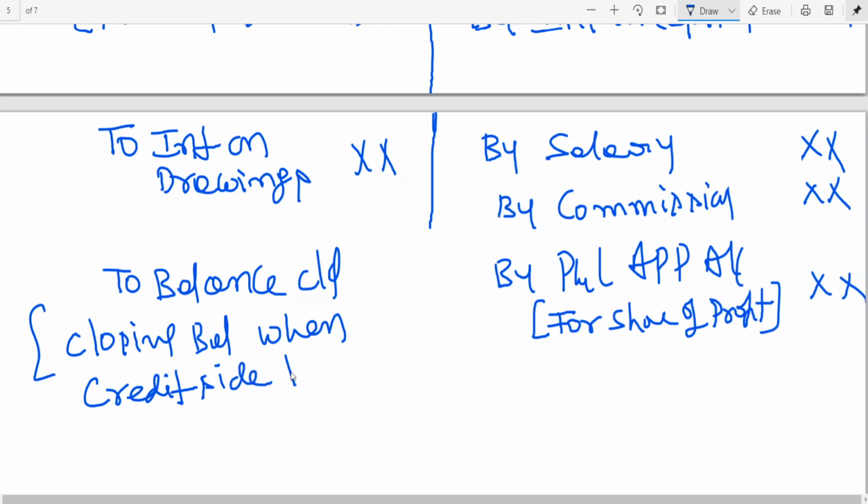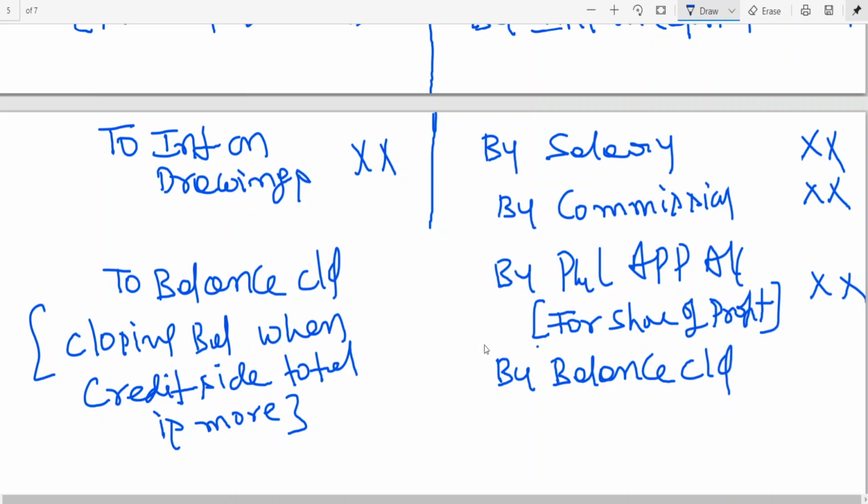When credit side total is more, otherwise you'll be writing by balance carry down, closing balance, when debit side total is more.